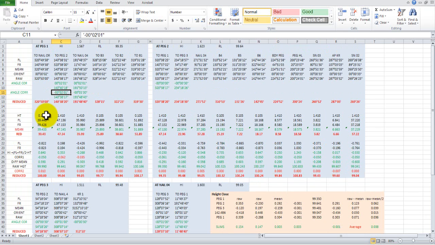Now from peg 1 to nail OR, we only measured that in one direction, but peg 1 to peg 2, we've measured in this direction, 147.145, and we've measured it in the other direction, peg 2 to peg 1, 147.13. So we just average those out, make sure that they're the same value, average those out. And then similarly with all the others, 35.99.